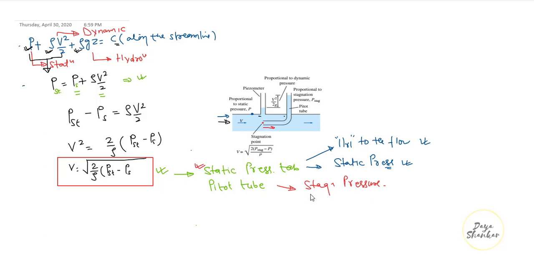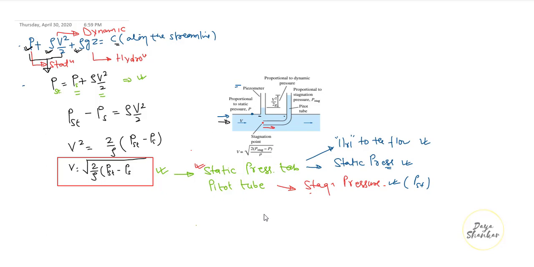Okay, and this is basically responsible to measure the stagnation pressure, that means PST. Okay, now there are two different conditions in which we will use this pitot tube, static pressure tab, and there is another term which is here, piezometer.